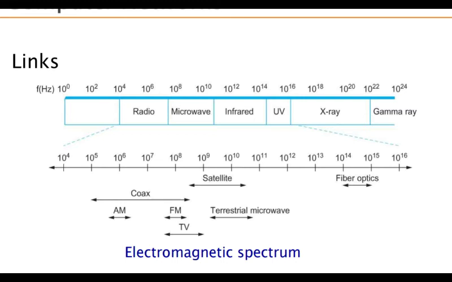The next one is TV signals, about 10 raised to 7 and about 10 raised to 8, and terrestrial microwave. So these are all the different types of carrier frequency bands. Physical media carry signals in the form of electromagnetic waves. Such links provide the foundation for transmitting all sorts of information.